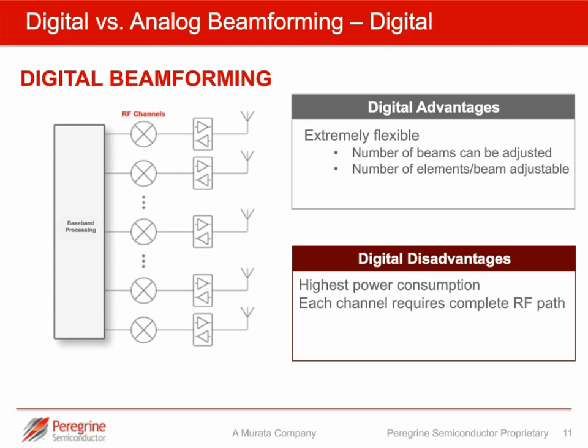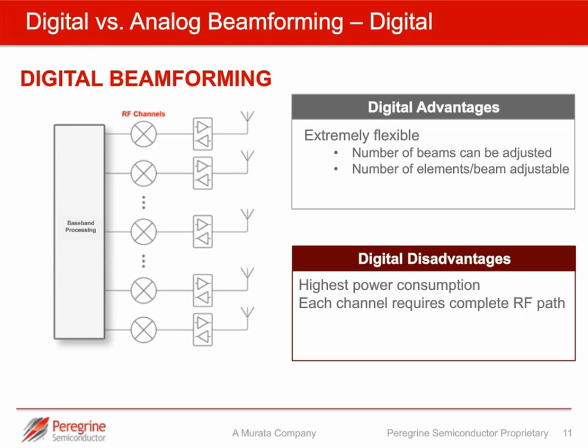All of the beamforming is done in baseband, and each channel requires a complete RF path. So this is perhaps the highest performance solution, but the least efficient solution. And typically this is not practical for mmWave beamforming because the bandwidths of the information are too high.